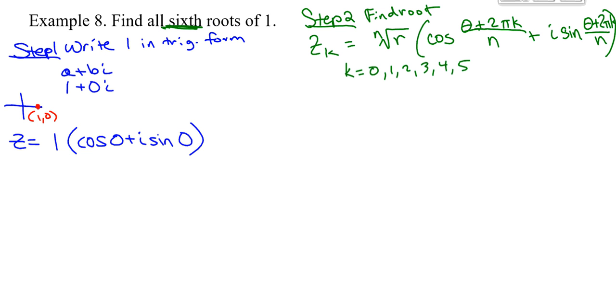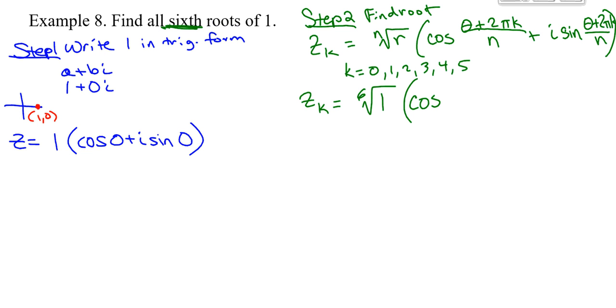The nice thing about this is, what is r? It's 1. So any root we take of 1 is just going to be 1. So I'm going to write z sub k equals, I'm not going to put in k yet, but I'm going to put in the things I know. It's going to be the 6th root of 1, and whatever that is, it'll be the same for the whole thing.